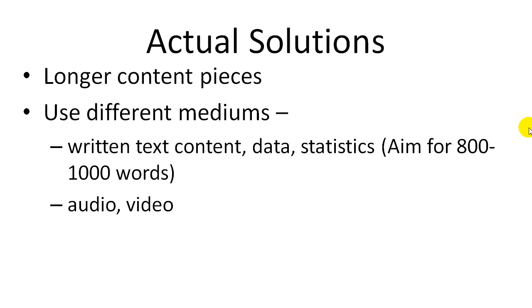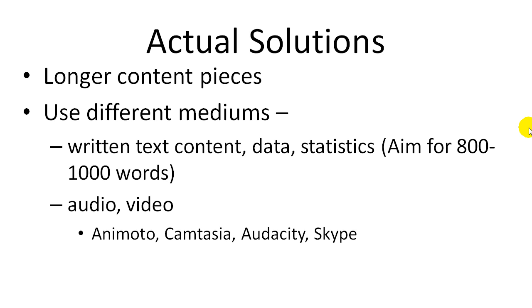Then what I'd recommend that you do is within that content, have audio and video. Have different types of medium. Like you can use Animoto.com, Camtasia, software to show screen capture software. You can use Audacity, which is an audio program to edit your audios.